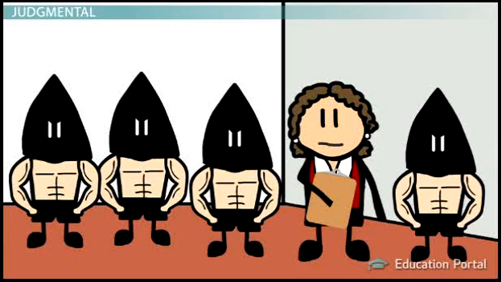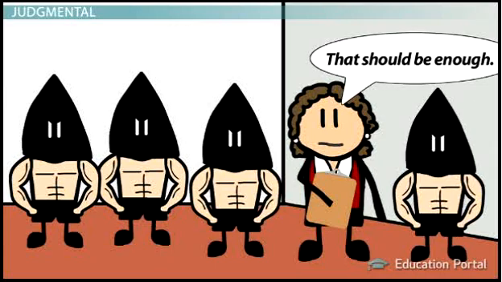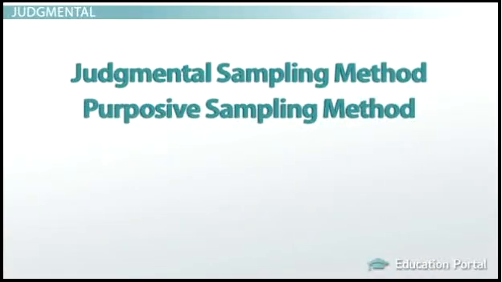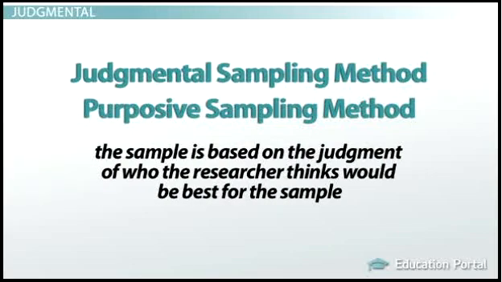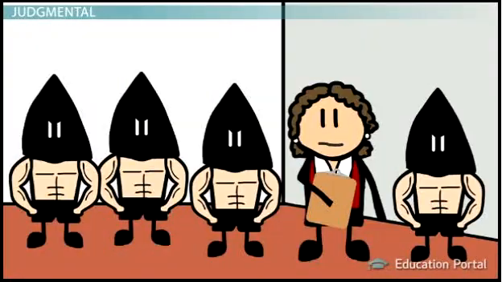Kiera is utilizing her own judgment as far as who to include in her sample. In this case, she is using the judgmental sampling method, also called the purposive sampling method, which is when the sample is based on the judgment of who the researcher thinks would be best for the sample. You can remember the names of this method because the researcher is using her judgment and picking subjects with a purpose.